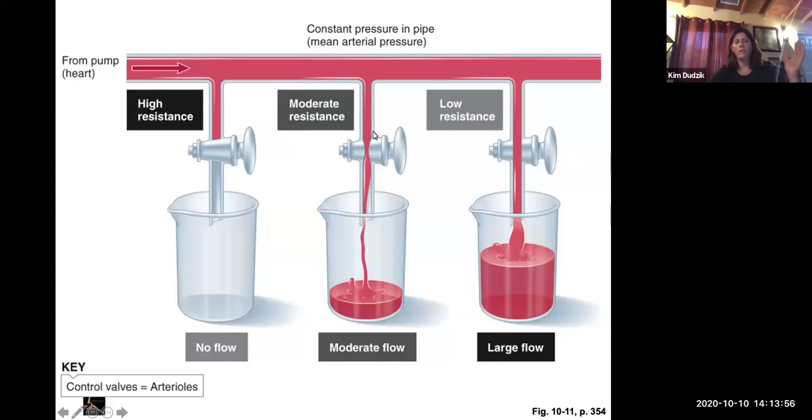Here, the valve is closing a little, so our arteriole is partially dilated, so blood flow is impeded. And in this one, we've completely shut off the valve, so the arteriole is completely shutting off blood flow to a particular area of the body. Mostly we do this moderate resistance.